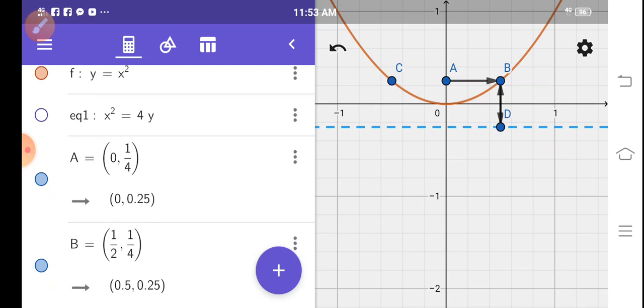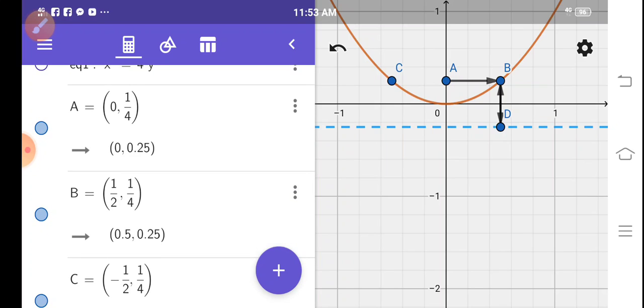Then what is now our B, or the end of latus rectum? One end of the latus rectum is our B here in the graph. So we know that it is 2a. So 2a, our a is 1/4. 2 times 1/4 is 1/2.